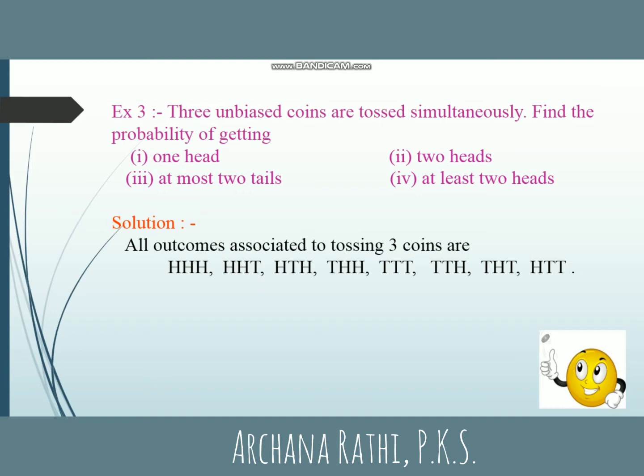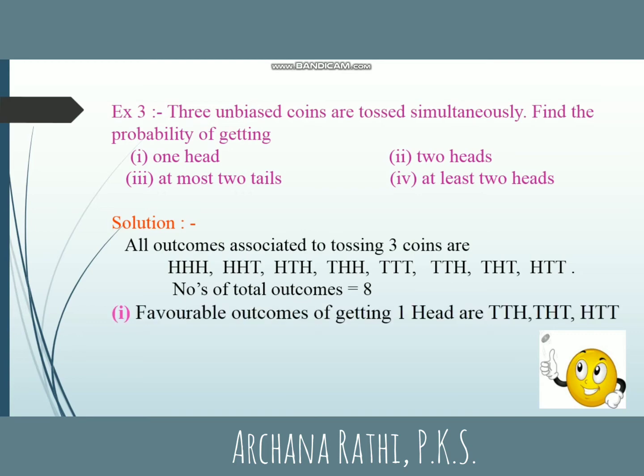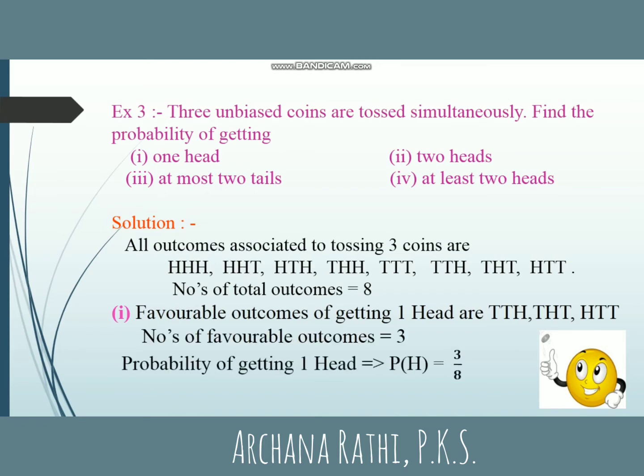Okay, now first condition, 1 head. If you count, the total number of outcomes is 8. Favorable outcomes for 1 head are TTH, THT, HTT, meaning 3 are the favorable outcomes. Now what is the probability then? The probability of getting 1 head is 3 by 8.